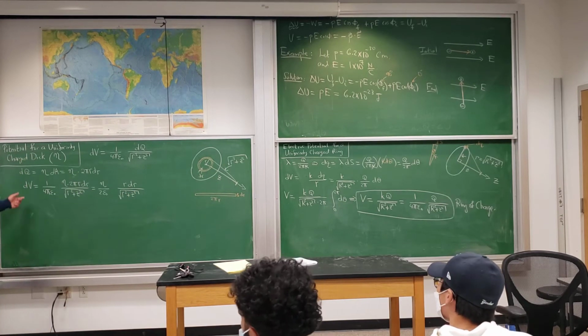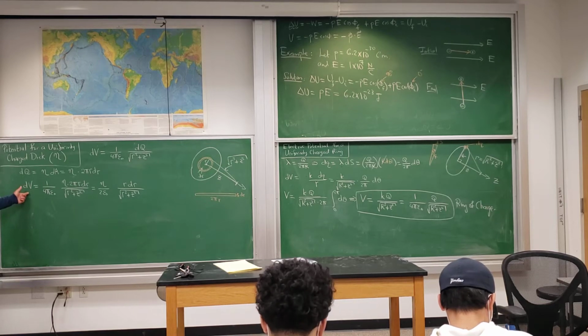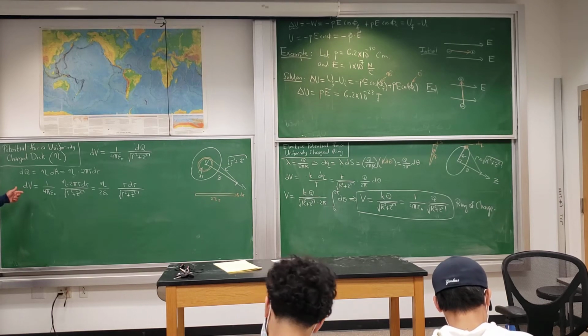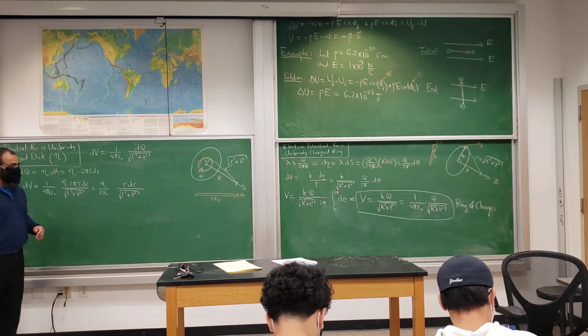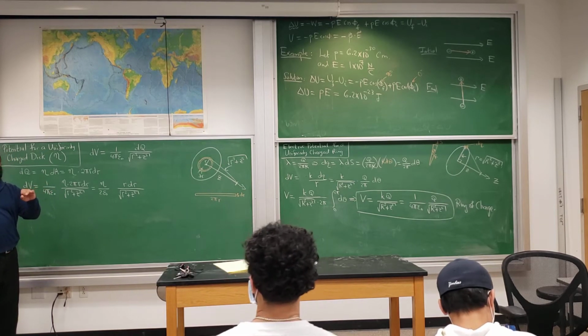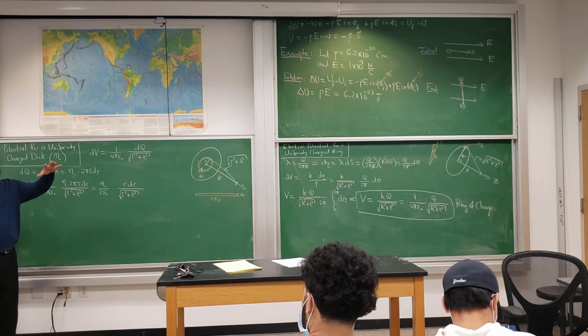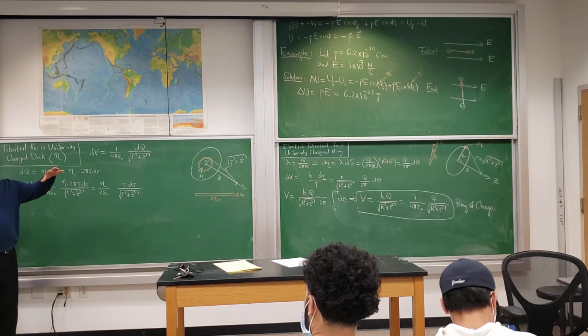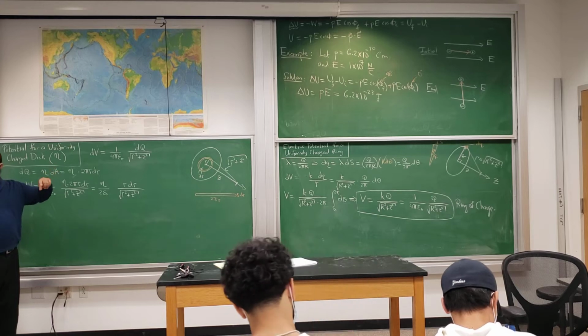Now, this is dV. I want V, so I need to integrate. Sum them up. My rings will start from really tiny ones, a radius of about 0, all the way to the one on the edge, which is radius capital R. So I go from 0 to capital R, right?